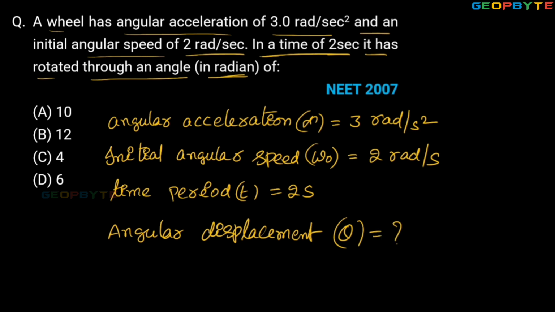That's what he's asking. For that, let us take the equation of motion for linear motion first. For a linear motion, the equation of motion is displacement s equal to ut plus half a t square.